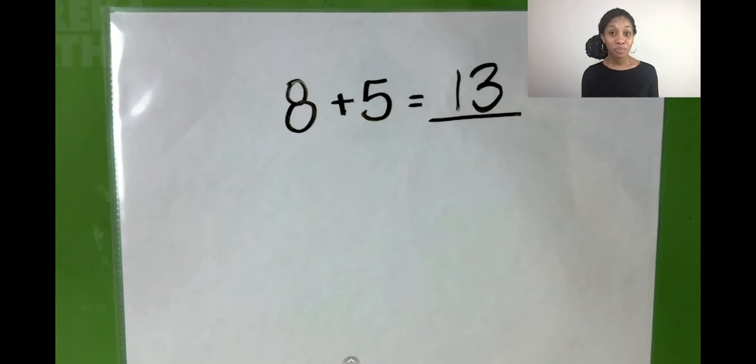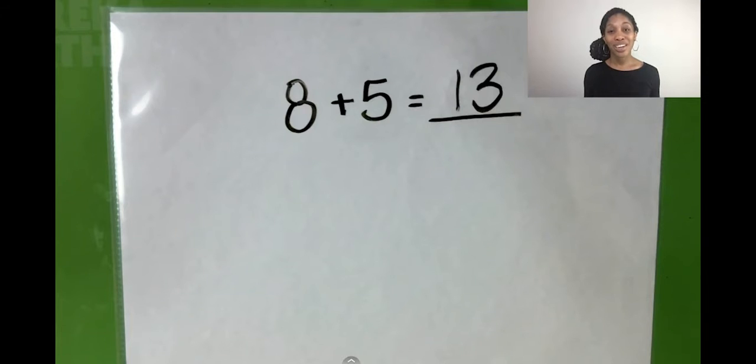So once again, we started off with 2 numbers that have no 10s. 8 has no 10s, and 5 has no 10s. But when we added them together, we got an answer of 13, which has 1 10 and 3 ones. Let's make a number sentence to show how we made 1 10 and then added extra ones.